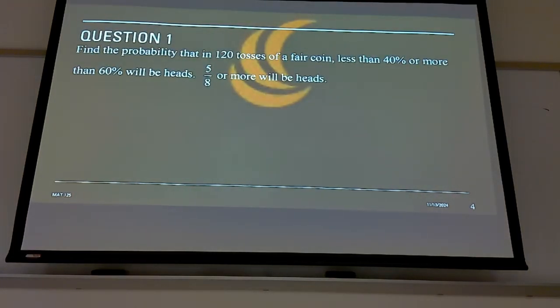Find the probability that in 120 tosses of a fair coin, less than 40% or more than 60% will be heads, and that 5/8 or more will be heads. Clearly a proportion.